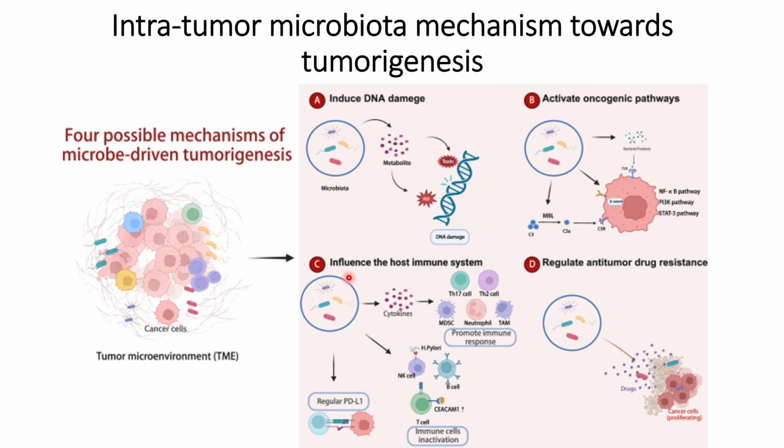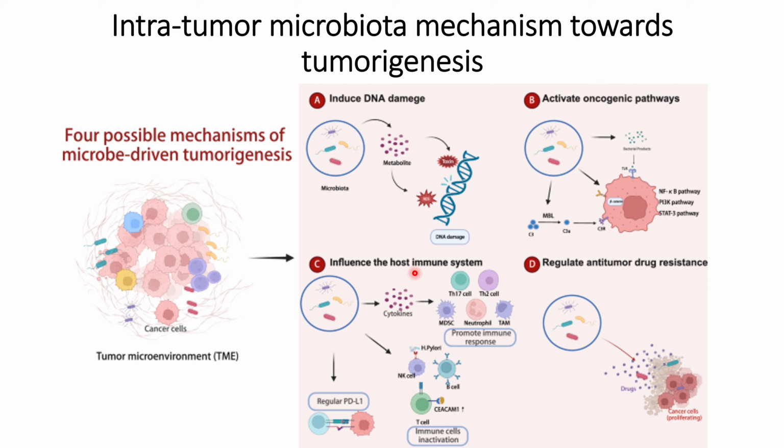The third one is influencing the host immune system. In short, we can say that the microbiota can help in immune suppression, or it can cause inflammation, which will activate the immune response. First, let us talk about inflammation or promoting immune response.